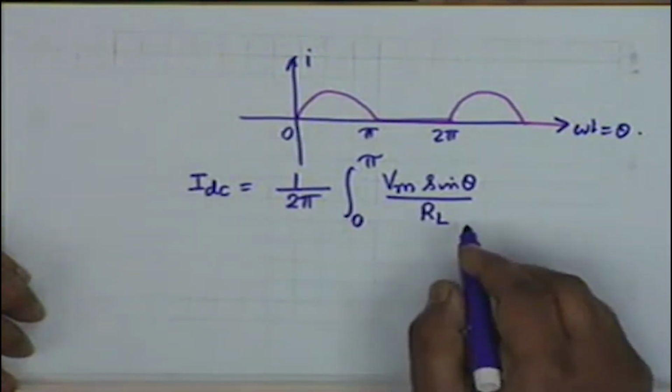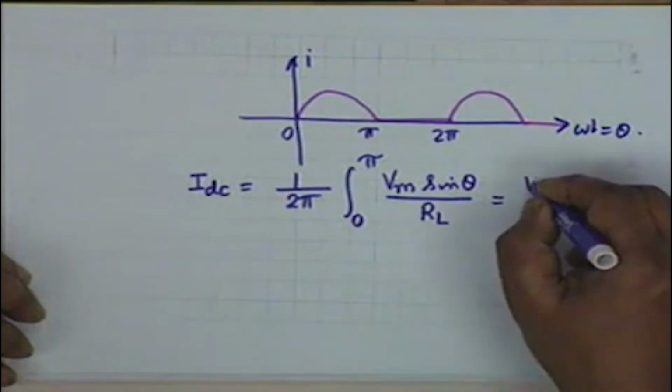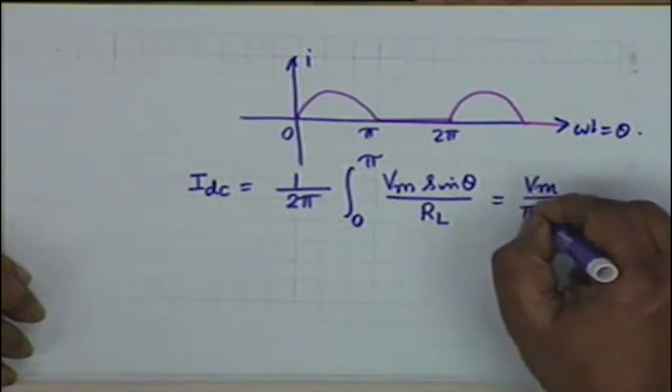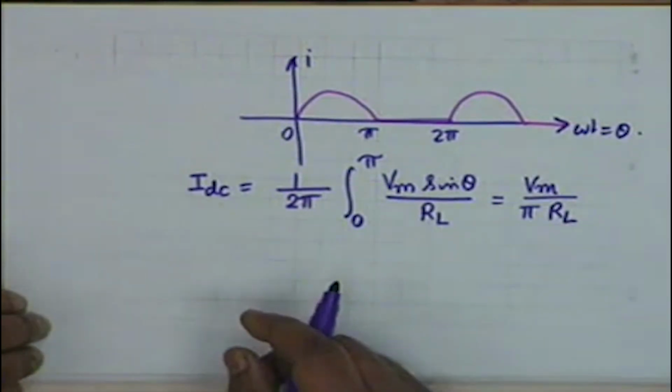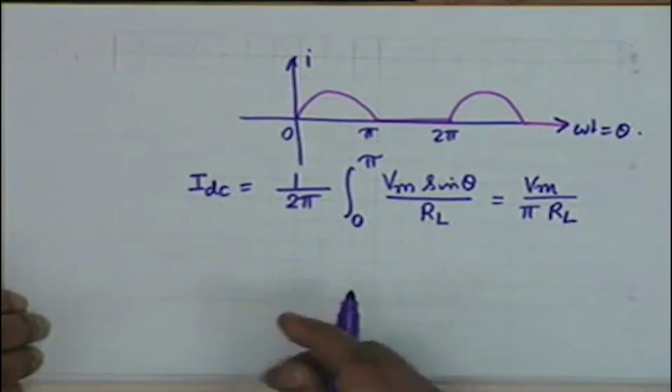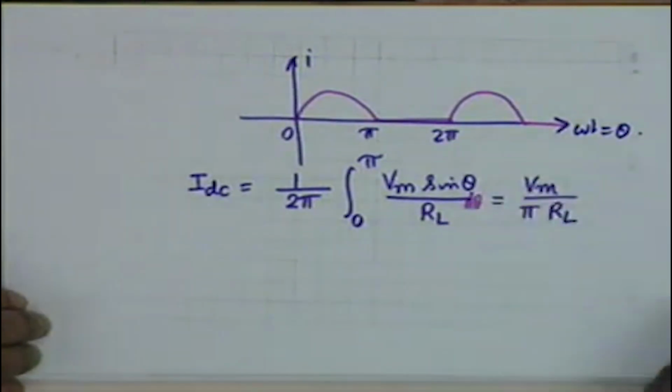If you integrate this, it is very easy to show that this is simply Vm divided by pi RL. There has to be a d theta, of course, otherwise we cannot integrate.